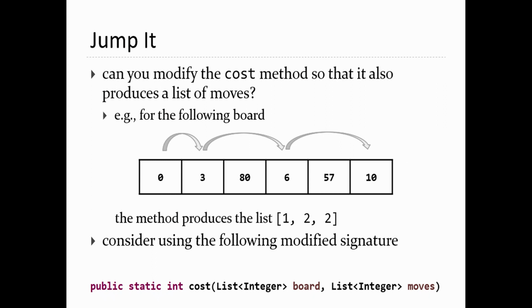Notice here, I'm suggesting you don't try to return the list. Instead, you should return the cost, and you should store the list here. So assume that someone passes you an empty list of moves, and your method fills in the list with the moves that it makes to solve the board.